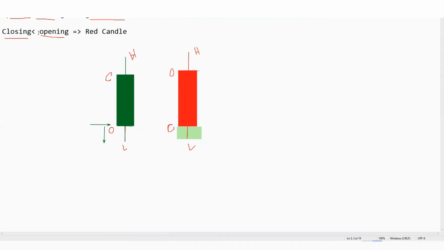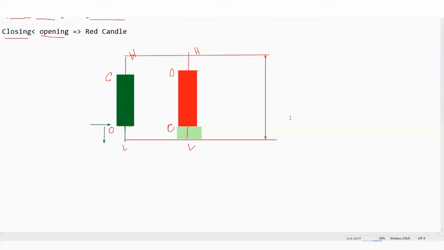Closing is less than opening for the red candle. Okay, here I made a mistake. So this is the primary area, and this is the range of the candle. You can say this is the range of the candle.